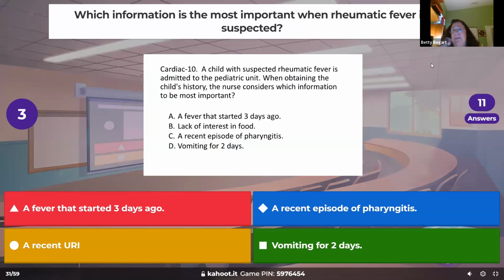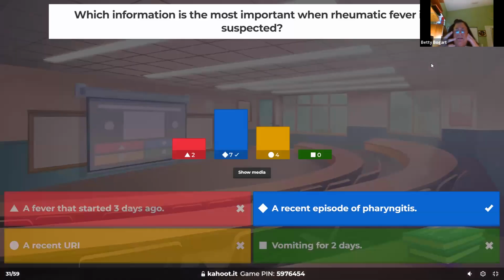It attacks the heart, it attacks muscles, it attacks joints, and it's all to do with rheumatic fever. And you'll see one in the GI, acute glomerulonephritis. These are things that are caused by not treating that strep. Now, the strep causes them to have a rash. It causes nodules and bumps in some joints.